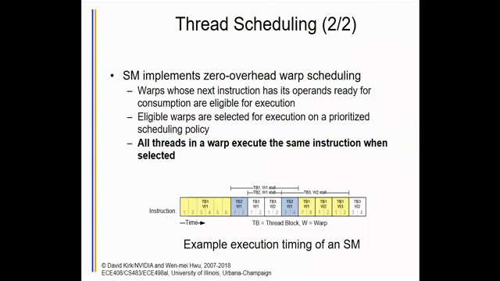And that warp will execute for a little while until it hits an instruction that uses an operand that is not ready yet. So now you see the pattern, right? You execute whatever is ready to execute for as long as you can, and then suddenly you hit an instruction whose operand is still being produced by someone, taking a long latency. You switch to another warp for execution.